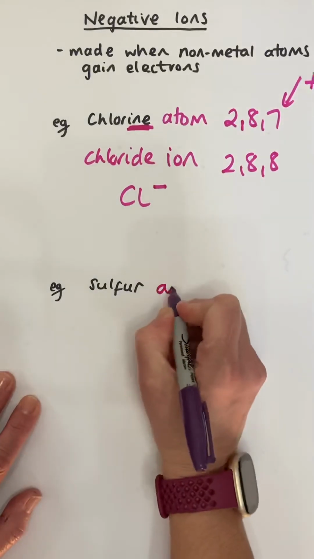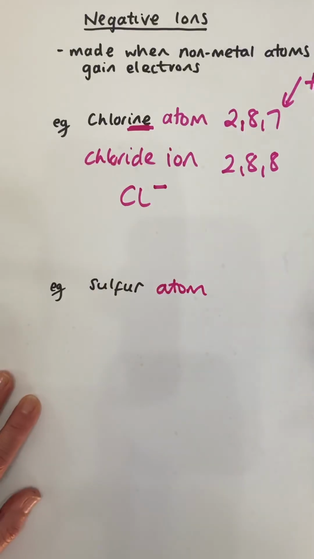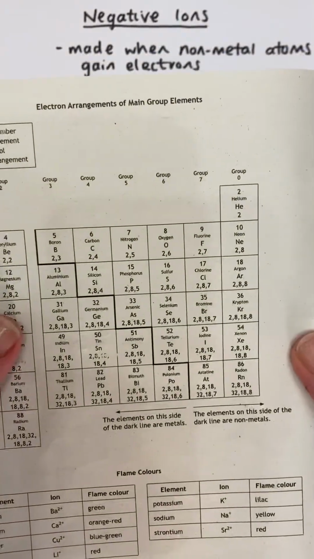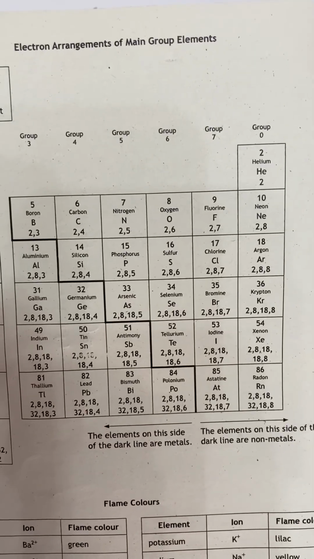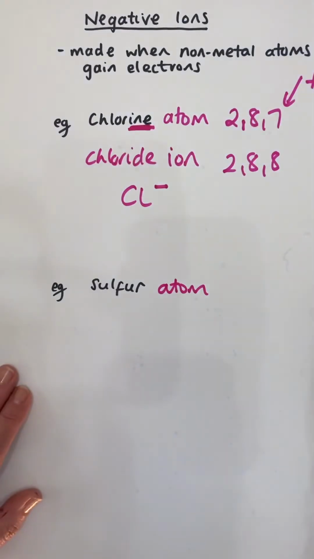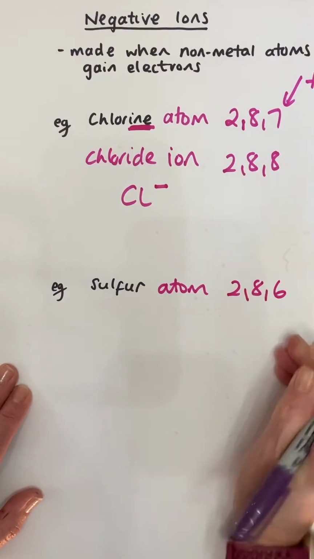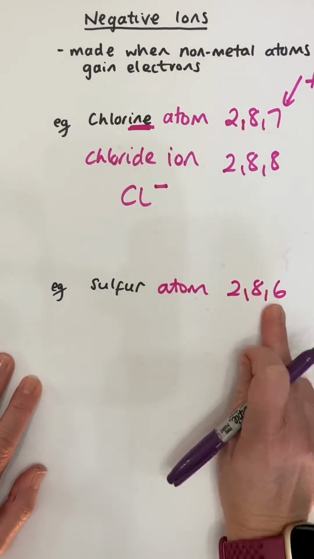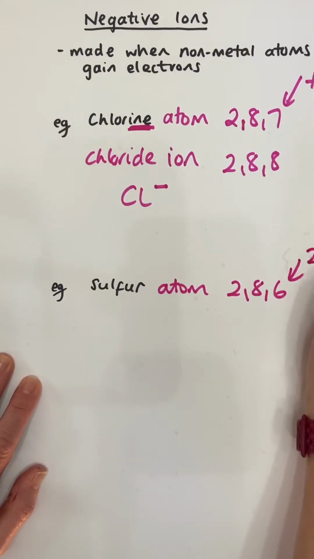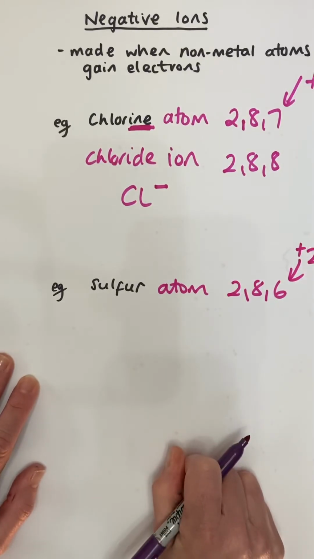Sulfur. So again, the sulfur atom. If I look at the sulfur atom, sulfur is number 16. And its electron arrangement is 2, 8, 6. It's a non-metal, so I'm going to have to gain electrons to become stable. Again, I need to have 8 in here. So this time, I'm going to add 2 electrons in.